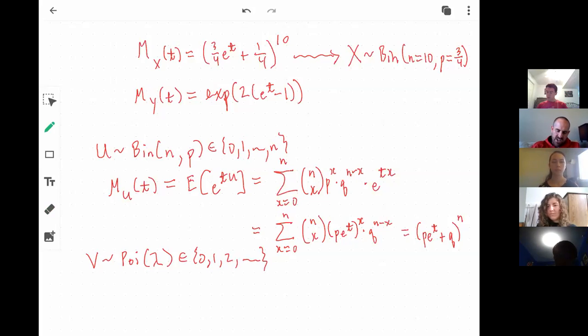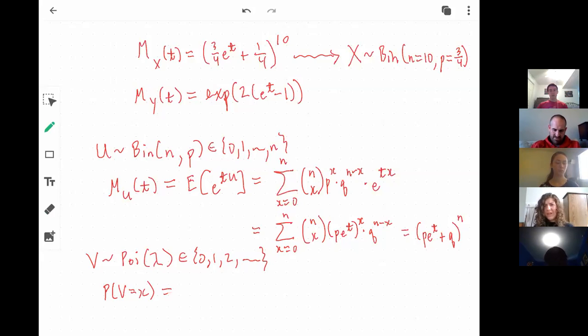Okay. And do you guys remember what the probability that V was equal to x was? You guys remember what the distribution for the Poisson was? What's the distribution for the Poisson?